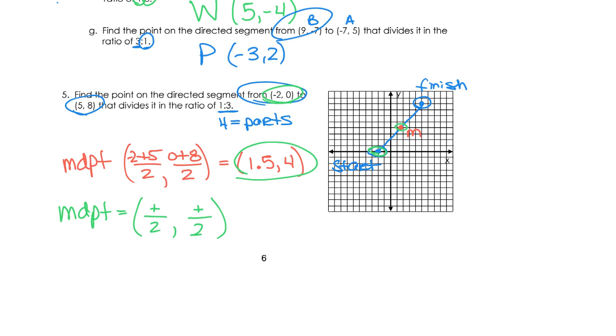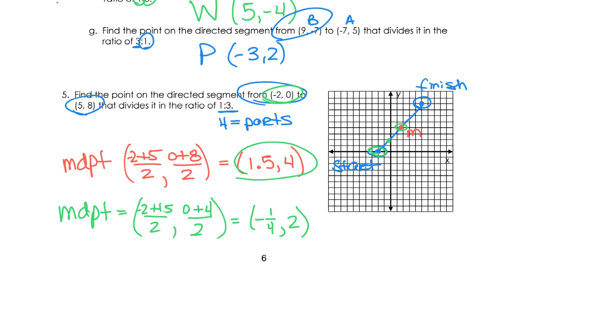So the x's first from those 2 points are -2 and 1.5, and 0 and 4 are the y's. So -2 plus 1.5 is -0.5, and -0.5 divided by 2 is -1/4. Okay, and 0 plus 4 is 4. 4 divided by 2 is 2. So -1/4, 2. So it looks like it's about right here.